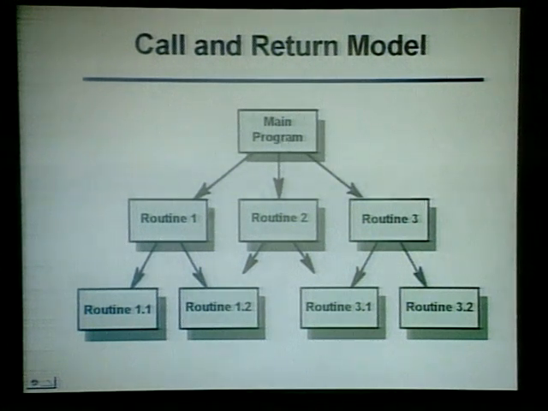The main program makes calls to routine 1, routine 2, and routine 3, and then routine 1 makes calls to routine 1.1, routine 1.2, and so on. Now, the call and return model is, of course, a very commonly used architecture style when we write simple programs.